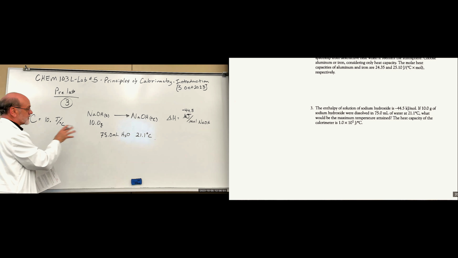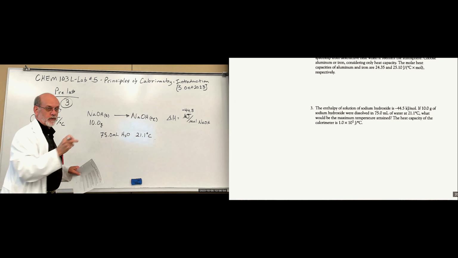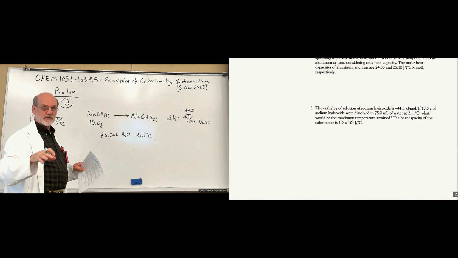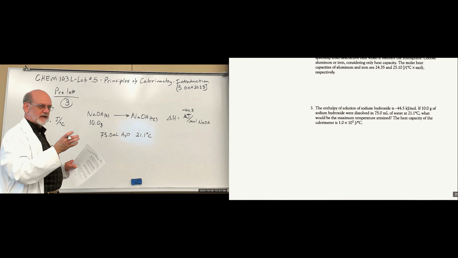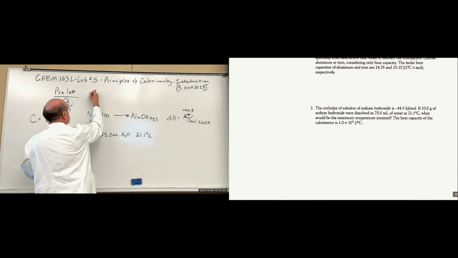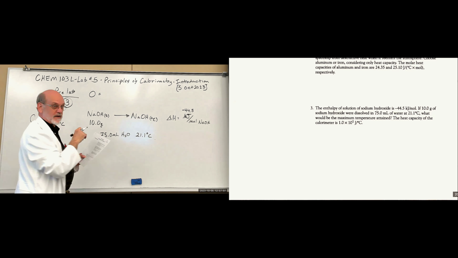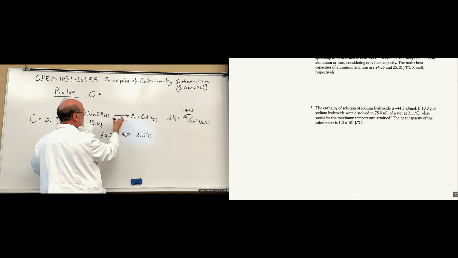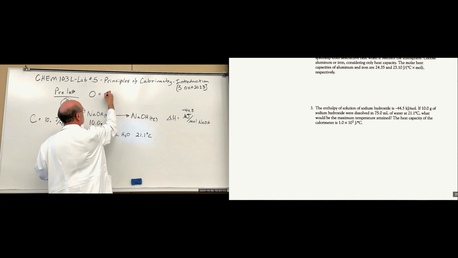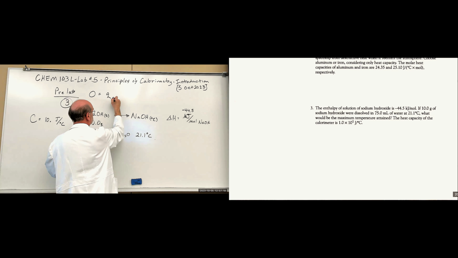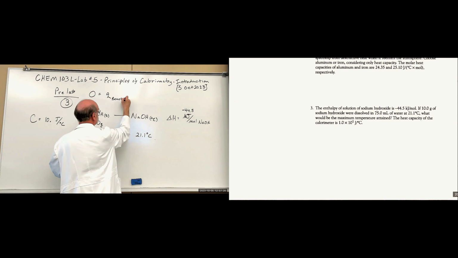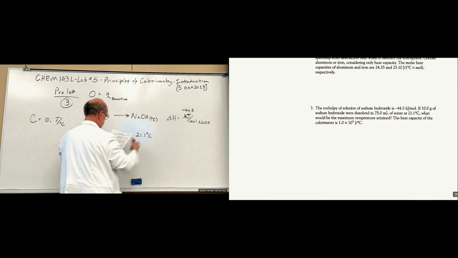So this is the one where we're going to use the formula that I gave you, right? What happens in Vegas stays in Vegas. What happens in the calorimeter stays in the calorimeter. So everything that happens in that calorimeter is equal to 0. So we're going to have a heat term that we can attribute to the reaction itself.